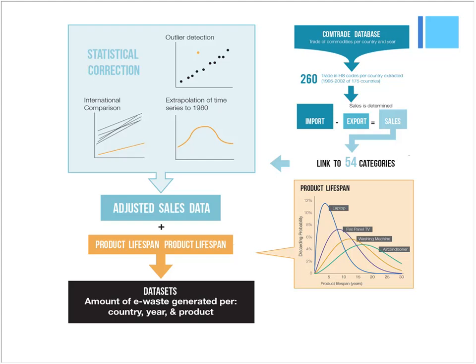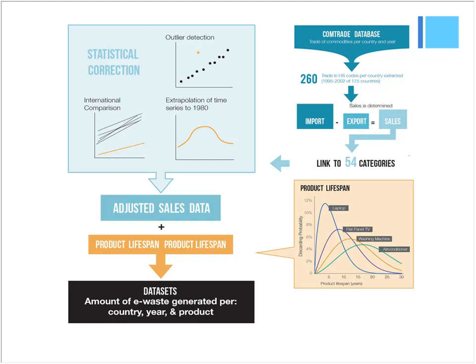With this data set linked to those 54 categories, we apply a rather large statistical correction routine because there's a lot of outliers, sometimes errors, missing data, and we also do cross comparisons with other countries that are in similar conditions to check for strange data points in order to come to consolidated and adjusted data.